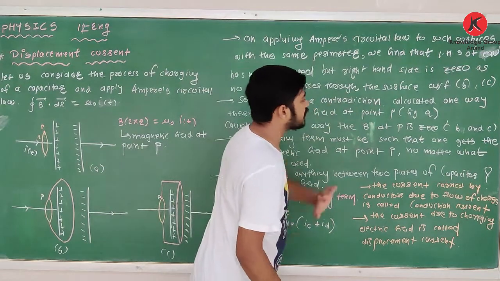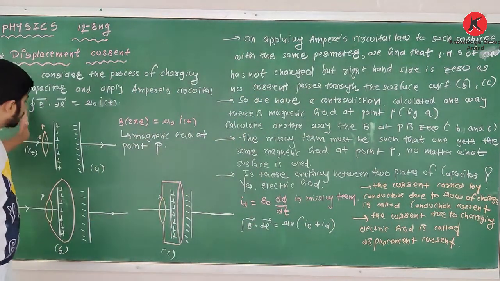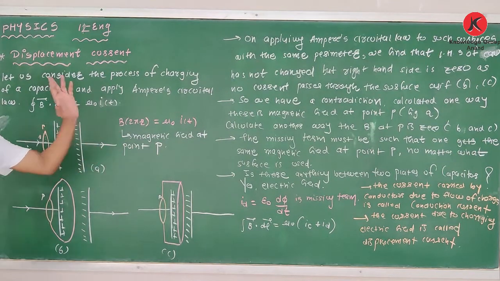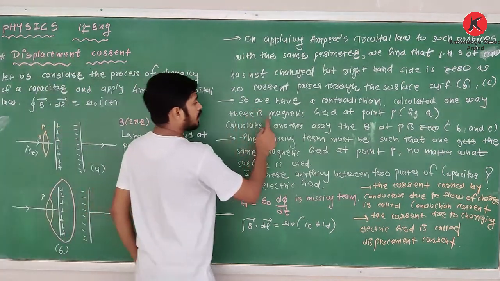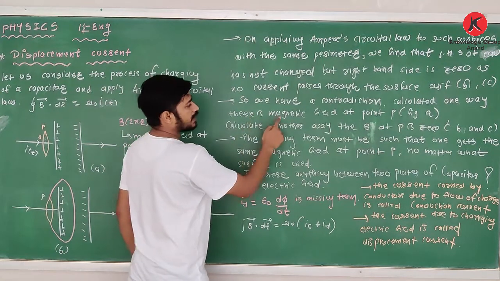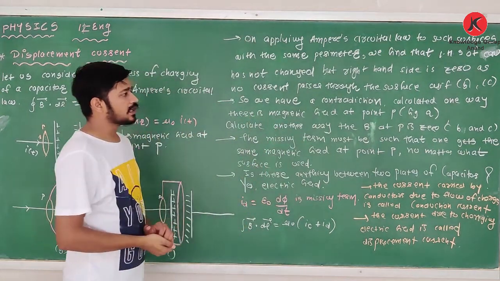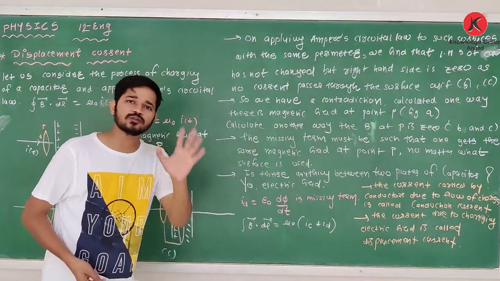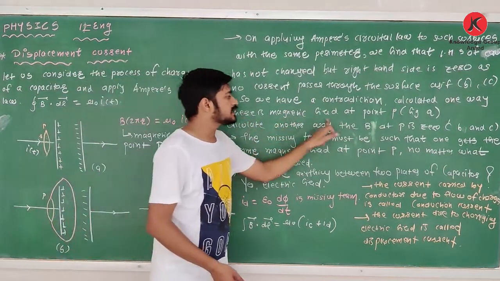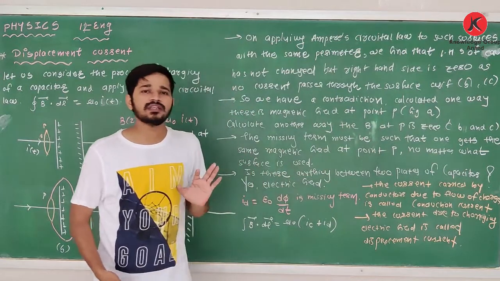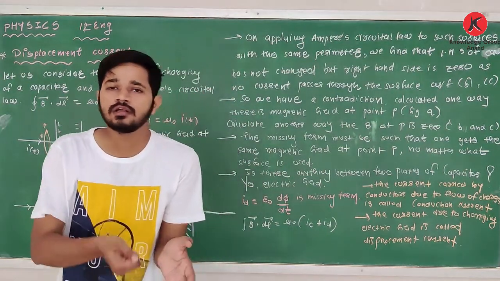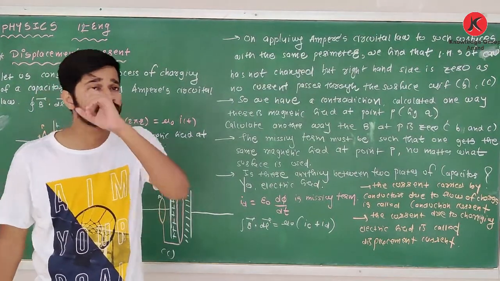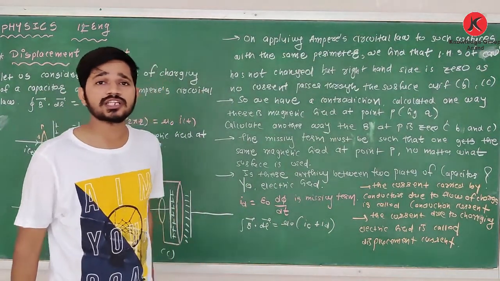With the help of figure A, we calculated that a magnetic field exists at point P. Calculated one way, there is a magnetic field at point P according to figure A. But calculated another way, the magnetic field at the same point P is 0, according to the second and third figures. So yes, it is a contradiction.